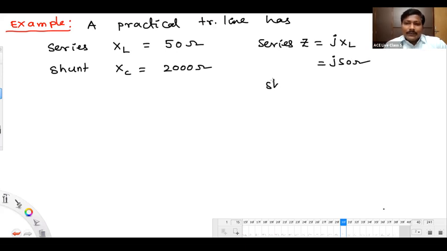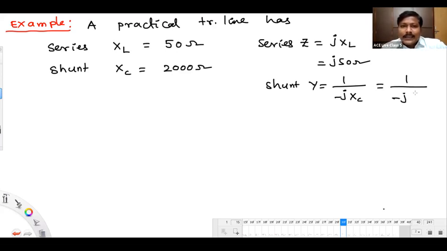And what is the shunt admittance value? Shunt admittance value is 1 by minus jXC, in the sense 1 by minus j2000, in terms of mho.